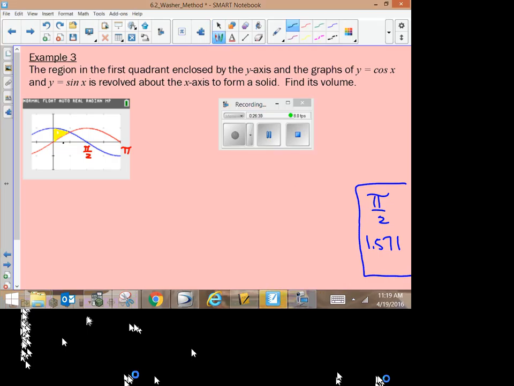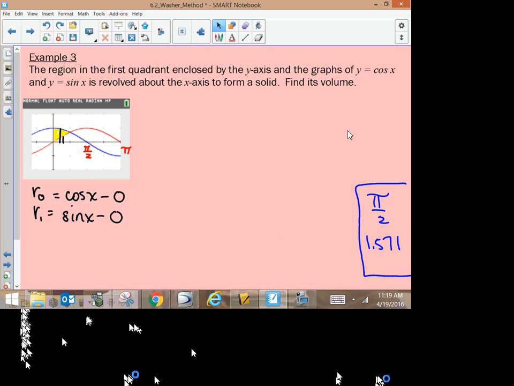We are doing what, x-axis, right? So what is this? Washer. Okay, what's R out? Cosine of x. And then our R in is the little one, the red one, which is sine of x.